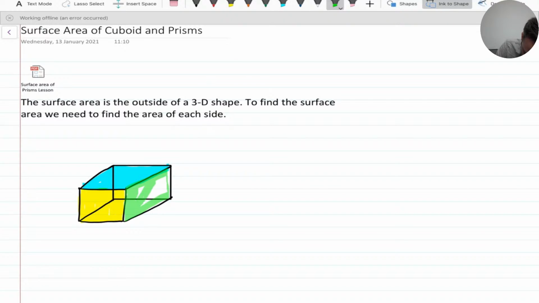Now, when you've got a cuboid, the thing that you need to spot is which sides are the same. We can say that the left and right green sides are the same.